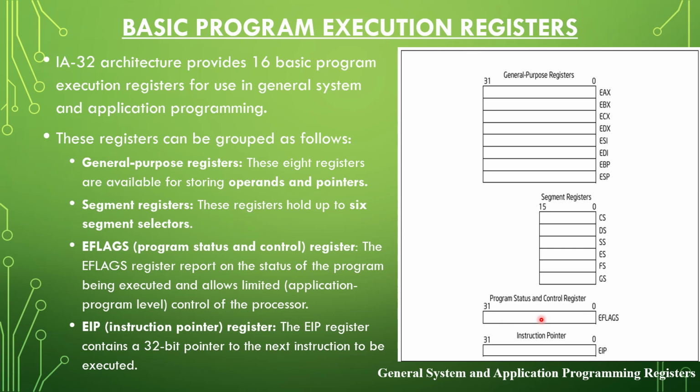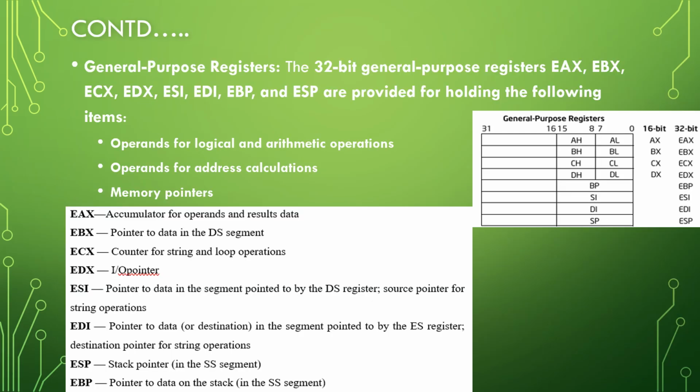This is the program status and control register, and this is the instruction pointer. These are the same concepts which we have already studied regarding the 80386 module. So this is regarding Intel processors. Coming to the general purpose registers, here we are going into detail regarding the different registers we have.